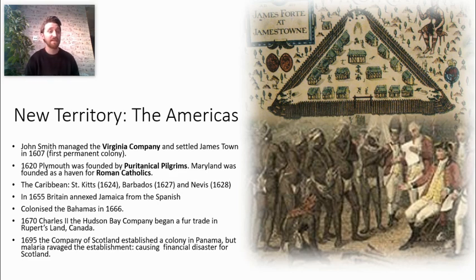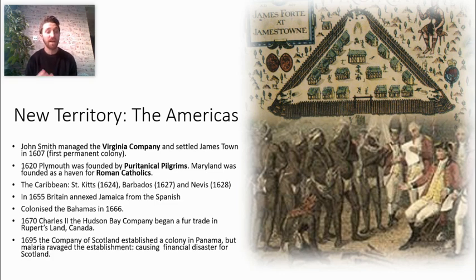And generally speaking, British travelers to North America in this time period are Puritans, religious fanatics who believed that Europe, that England and lots of parts of Europe weren't religious enough. So these small pockets of intensely religious Christians are scattered across the east coast of America in this time period.